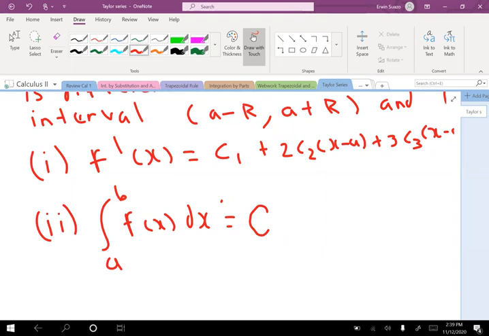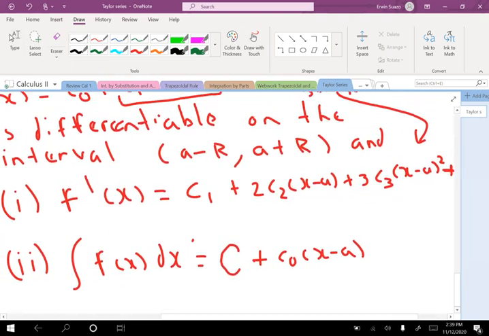When I do the integral of something like that, I need to put the constant. That will be c plus c0 times x minus a plus c1.